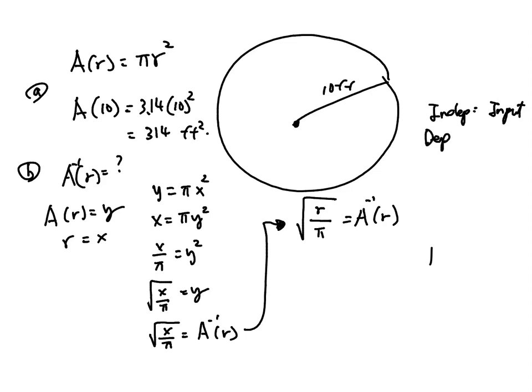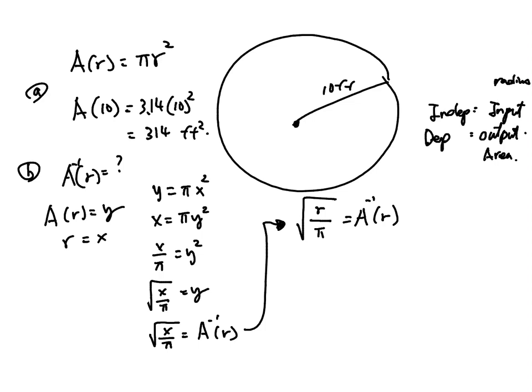Okay, there we go. Now regarding the independent and dependent variables, remember independent is input, dependent is output. So in our original function, our independent is the radius, and our dependent output is the area. However, this time, because we have found the inverse, independent and dependent are switched.